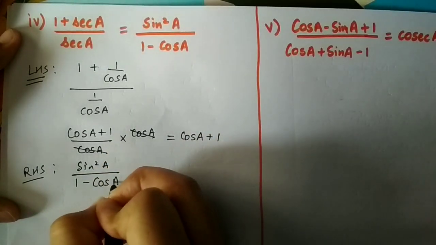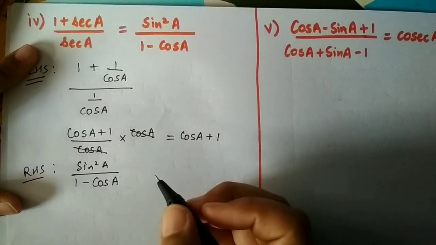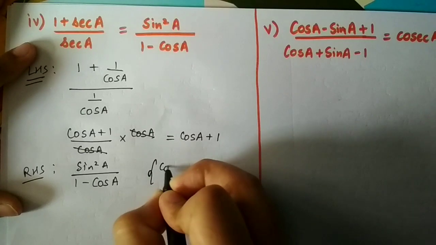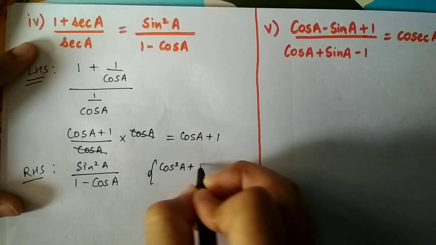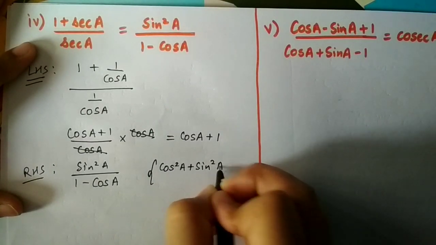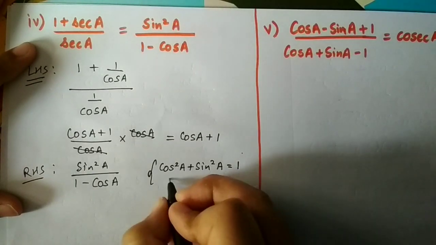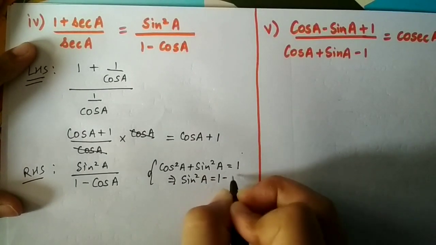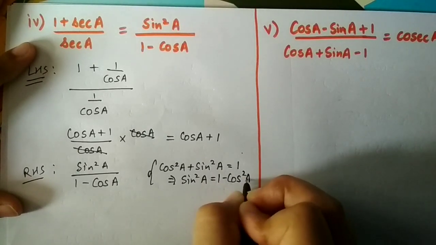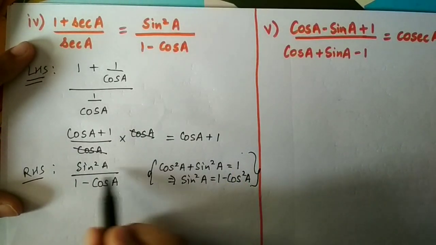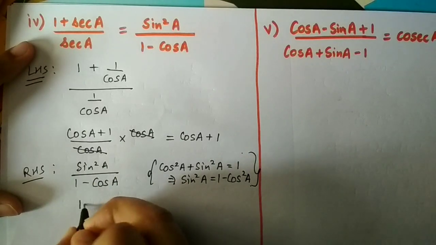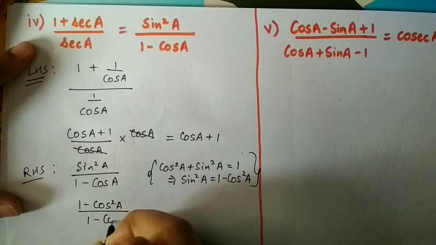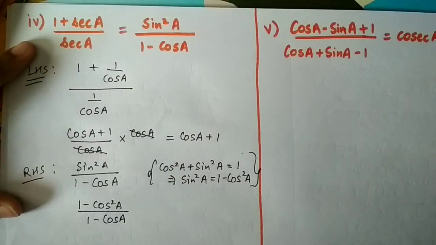Now it is already in sin and cos, so you apply an identity. You know cos square a plus sin square a is equal to 1. This implies sin square a is equal to 1 minus cos square a. Therefore, instead of sin square a, you can write 1 minus cos square a and keep 1 minus cos a as it is.